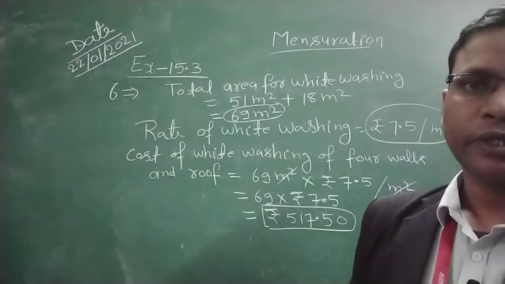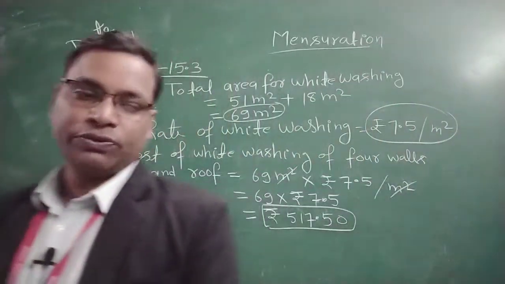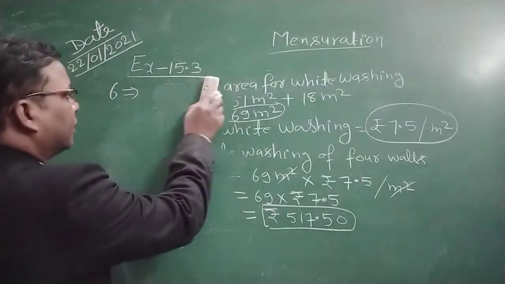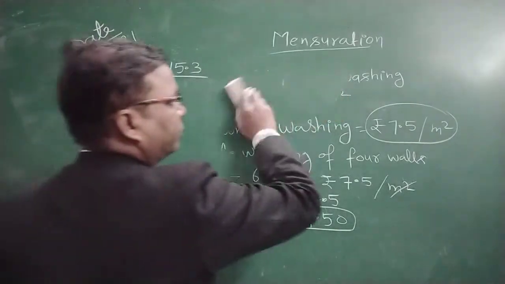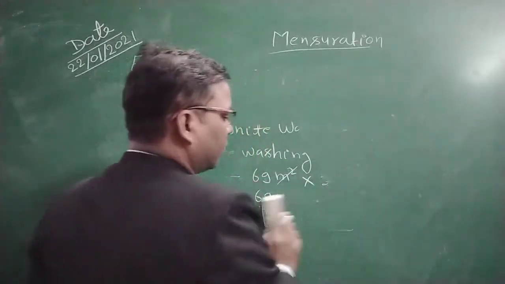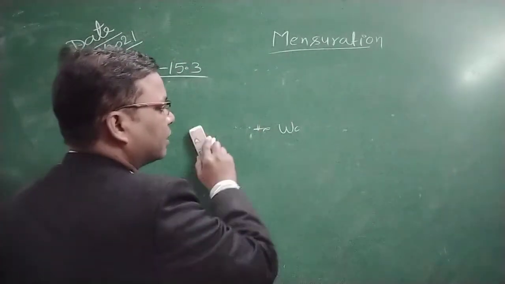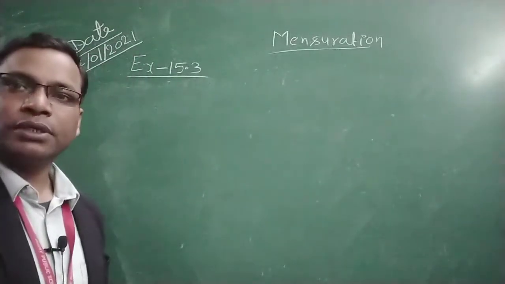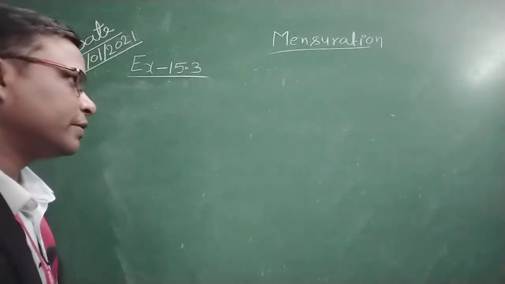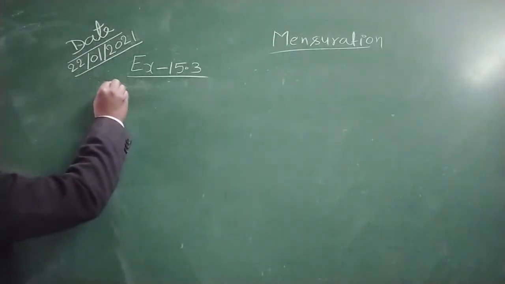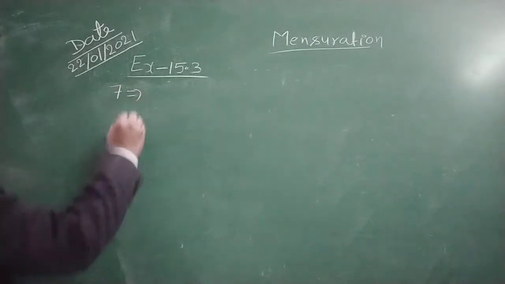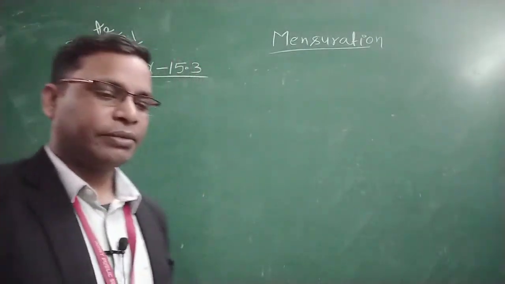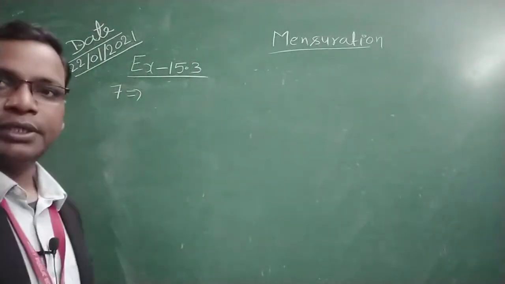First we write the given data. After this, we find the TSA, the total surface area of the suitcase. You know very well, a suitcase is in the form of a cuboid. So this is question number 7. Here the length is given as 80 centimeters.